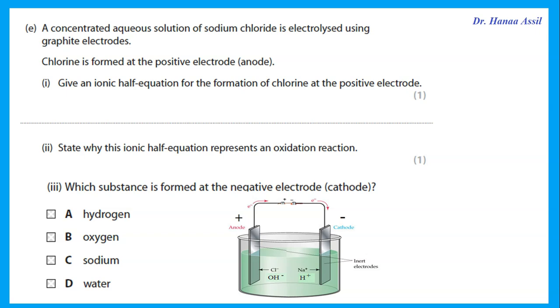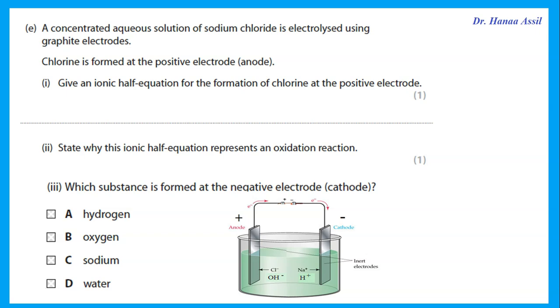That means I have the ions from sodium chloride. I have Na plus and Cl minus. And I also have the ions from water, H plus and OH minus. You should remember all positive ions will go to the cathode, which is negative. All negative ions go to the anode, which is positive.